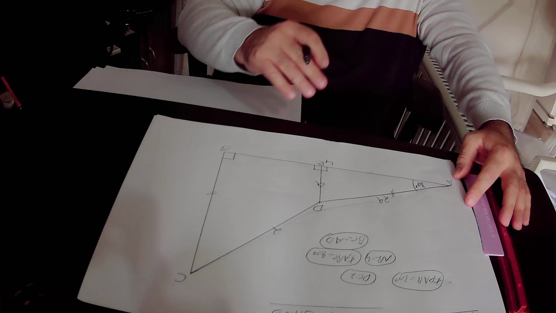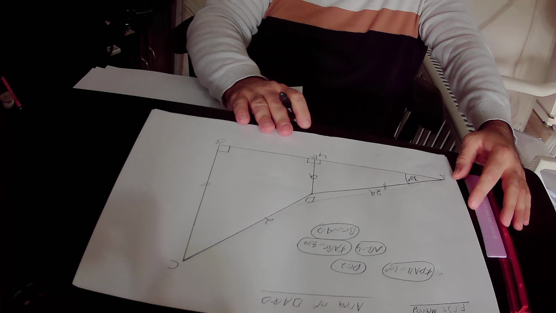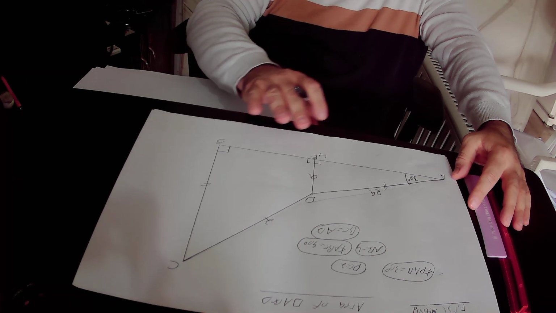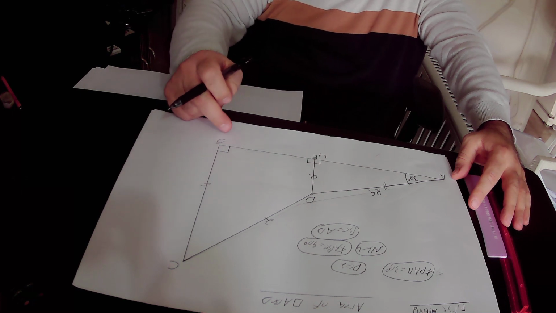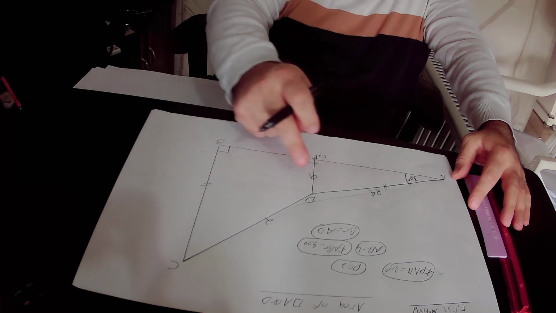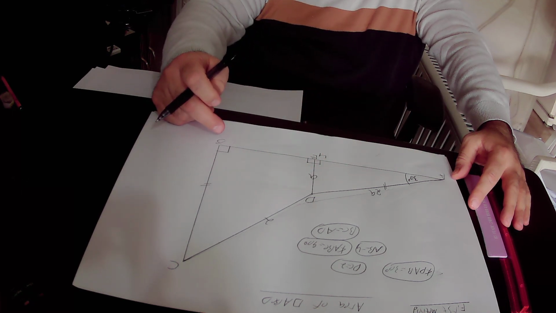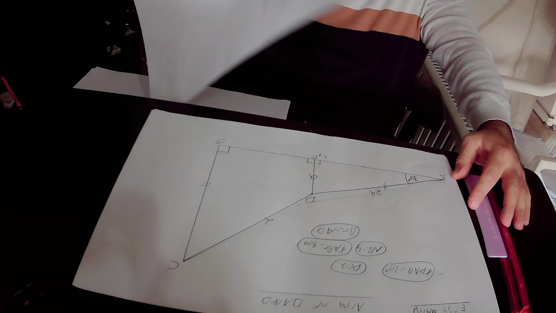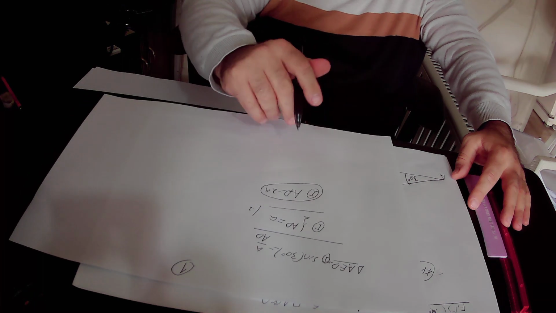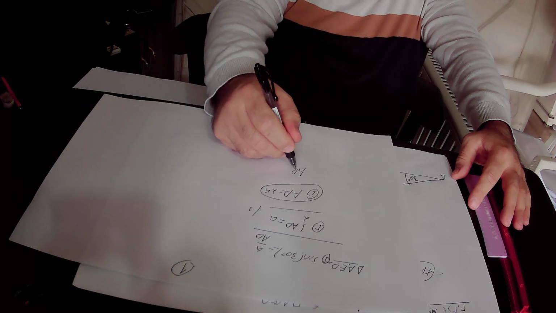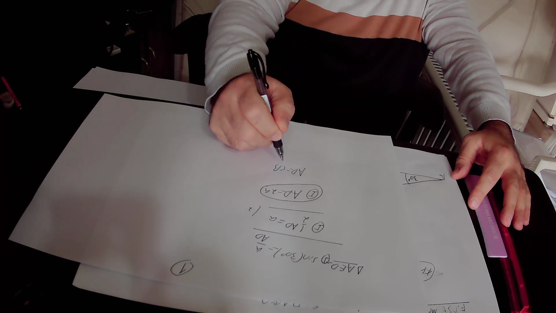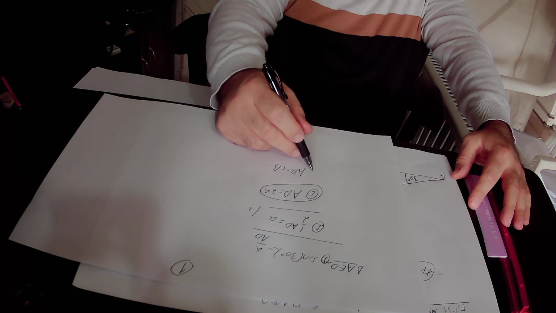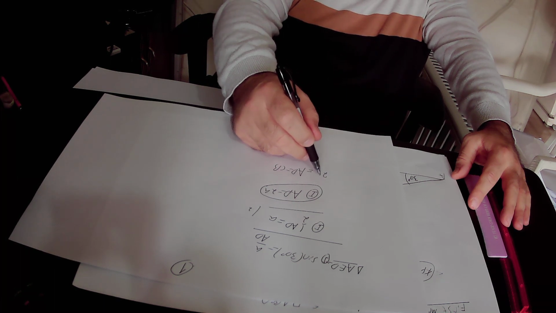But it is given in the question that AD equals CB. And we found out that AD equals 2A.